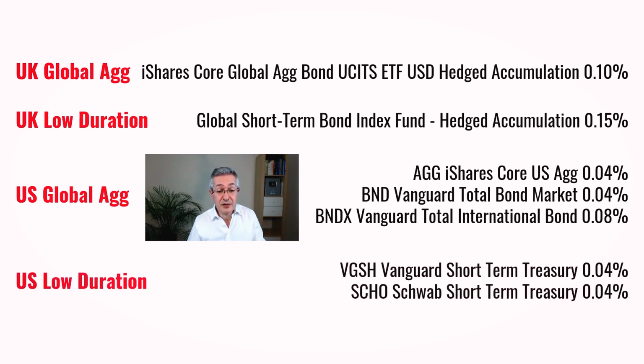And then for US low duration, I think the two funds which are best are VGSH, that's from Vanguard, and SCHO, which is from Schwab. Both of those come with a fee of 0.04%, and they both give you exposure to US treasuries, which are very short in duration. So if you don't want to take that kind of interest rate risk, I think those are pretty good choices.